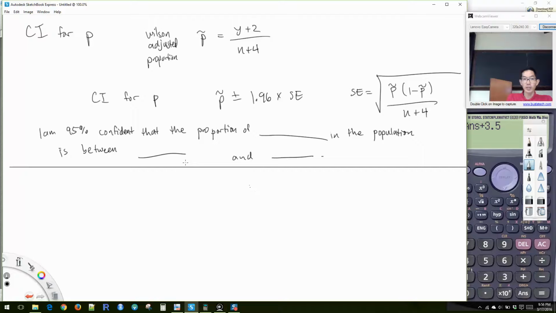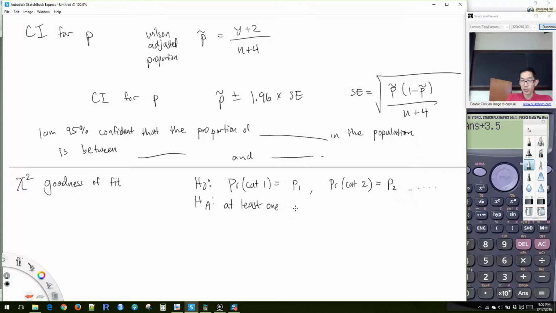Okay, and then related to this would be the chi-squared goodness of fit test, where basically your null hypothesis states that the probability of category 1 is equal to P1, probability of category 2 is equal to P2, etc. The alternative is at least one of these proportions is wrong.